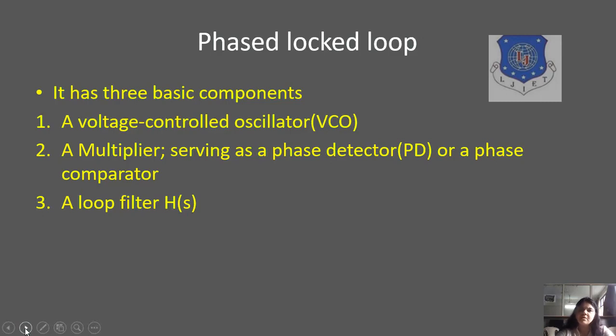So three basic components are required in the phase lock loop: voltage control oscillator, multiplier, and loop filter. Using all these three components, we can draw the block diagram and the equivalent circuitry for the PLL.